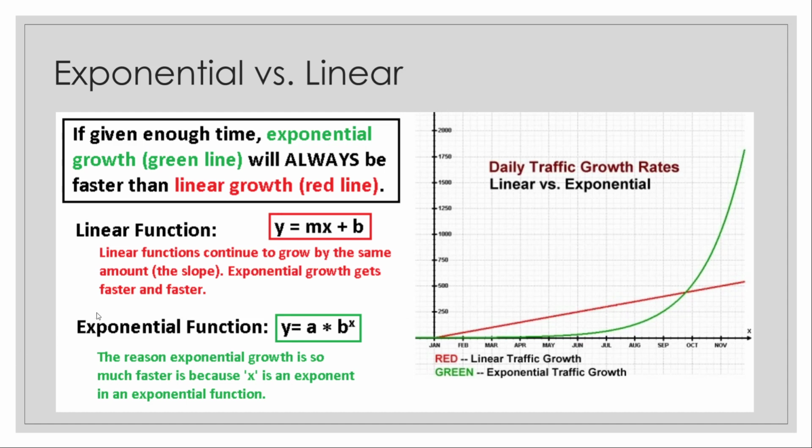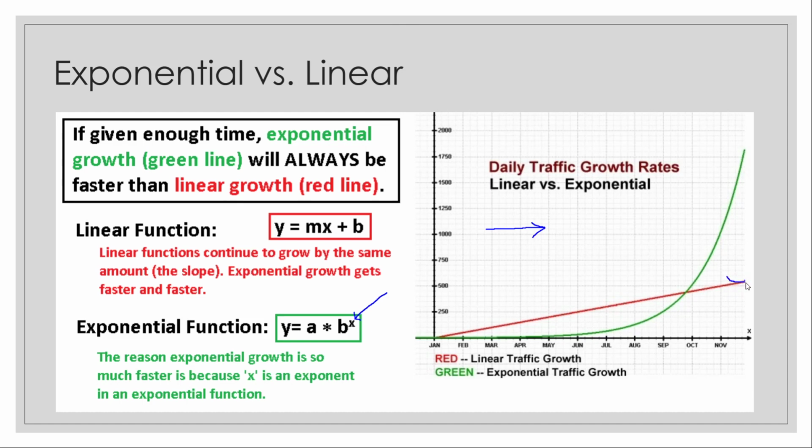But the way an exponential function works, since that x is in the exponent, if this x keeps getting bigger and bigger, if there's more and more time, a lot of times that x is referred to as time, or used for time. Well, as that goes on and on, an exponential growth will always, 100% of the time, always beat linear growth.